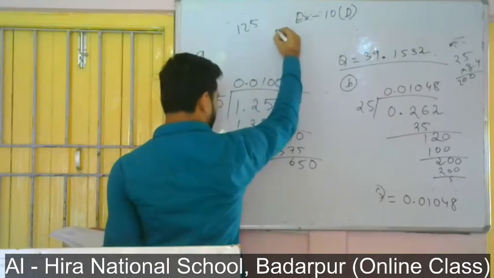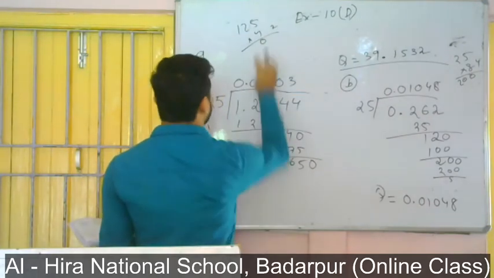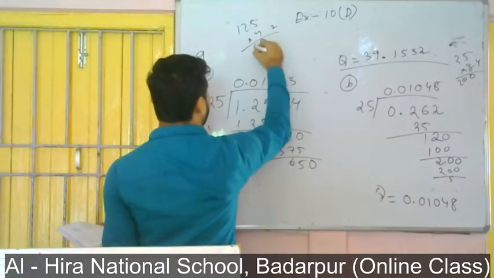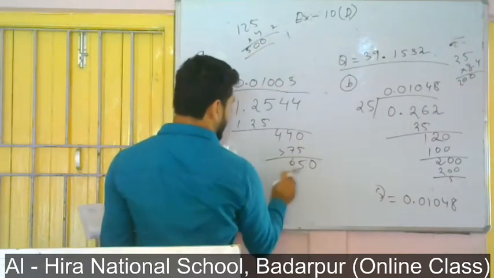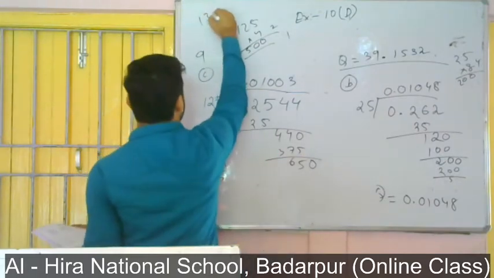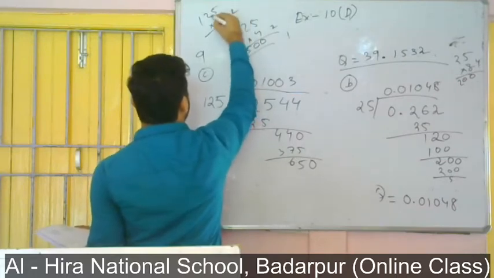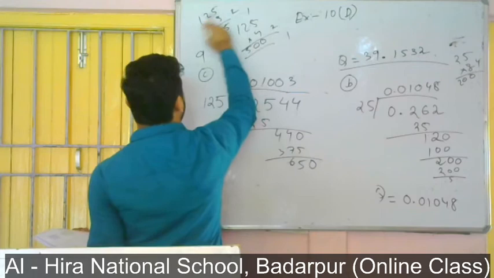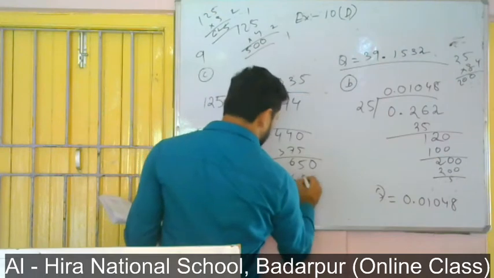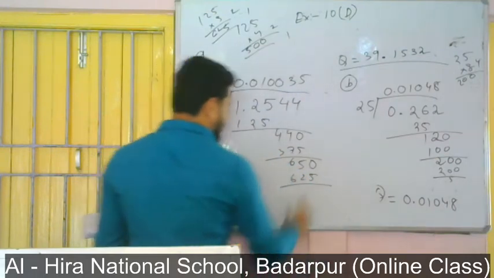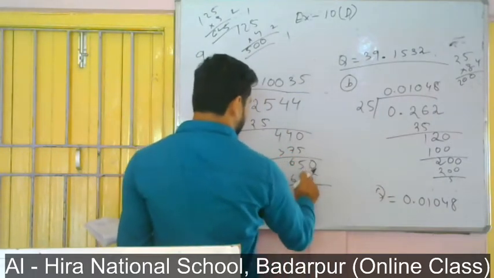Now let us check for this one. 125 into 4, let us check. 5 2 jar 20, 0 is matching, 4 2 jar 8, 9 10 and 1, 4 1 jar 4 and 1 5, 500, but here 650. So let us check with 125 into 5. 5 5 jar 25, here remain 2, 5 2 jar 10, 11, 12 and 1, 5 1 jar 5 and 1 6, 625 and here 650. So 625. Here 10 minus 5, 5. Here remain 4, 4 minus 2, 2.